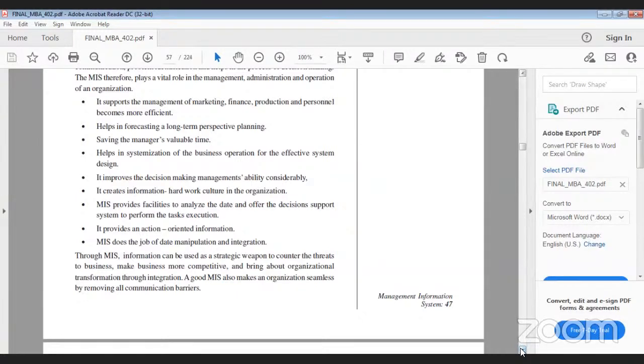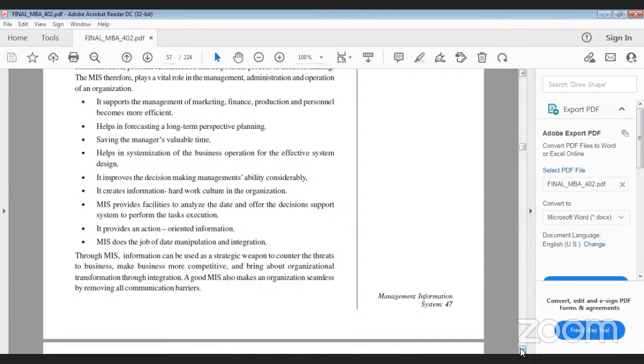It helps in forecasting and long-term schedule planning, saving the manager valuable time. It helps in systemization of the business operations for effective system design. It improves the decision making ability of management sustainably. It plays a role in building an information culture in the organization.